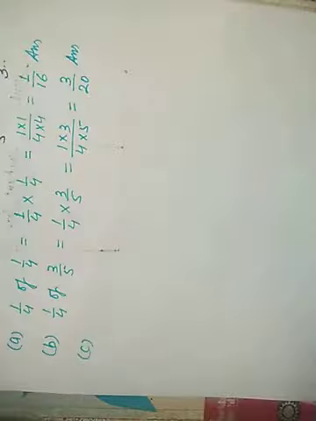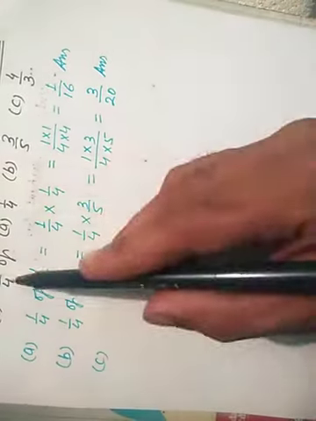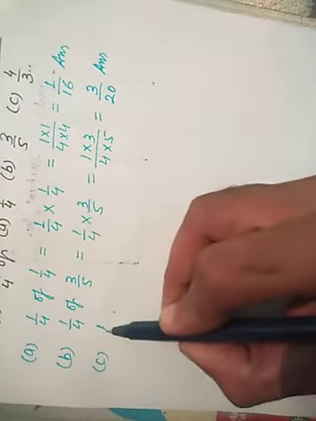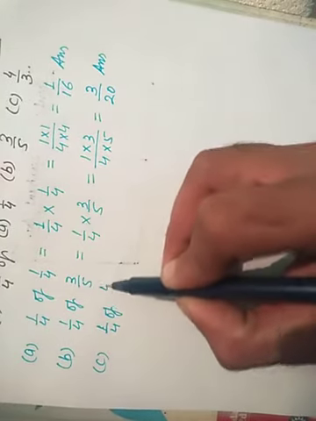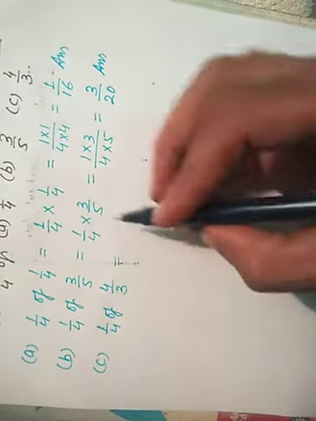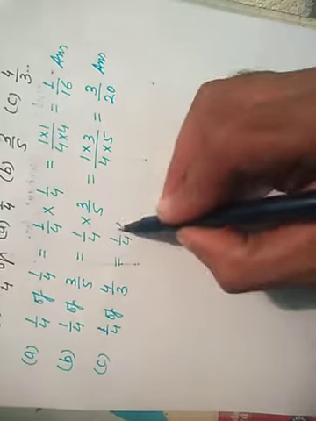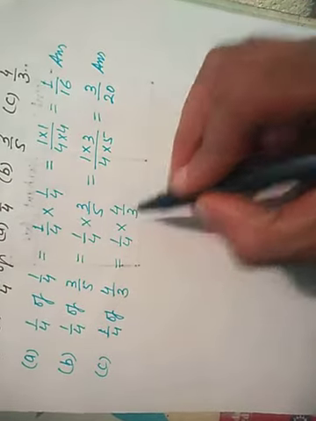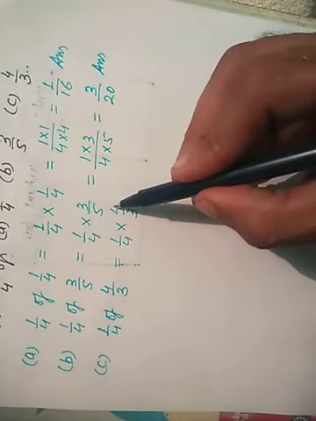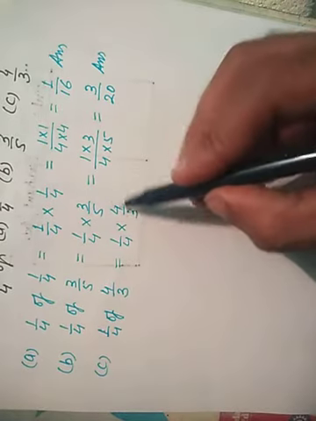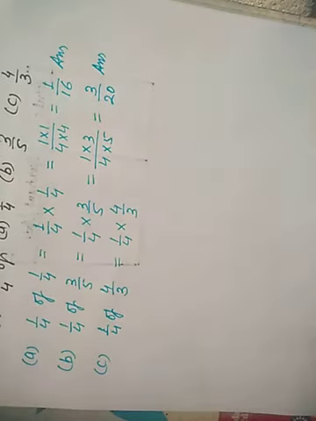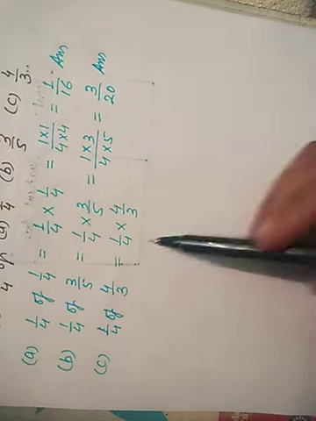Similarly, C part is given 1/4 of 4/3. 1/4 of 4/3 will be equal to 1/4 into 4/3. So students, here we can cancel this 4 in the numerator by the 4 given in the denominator.